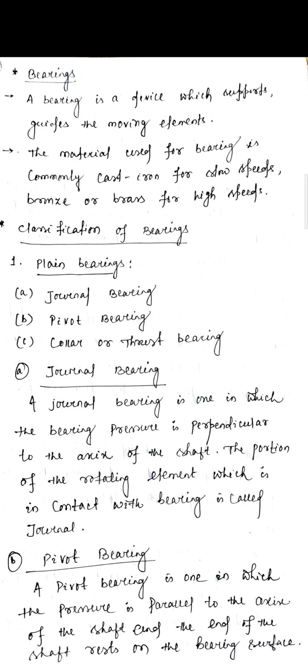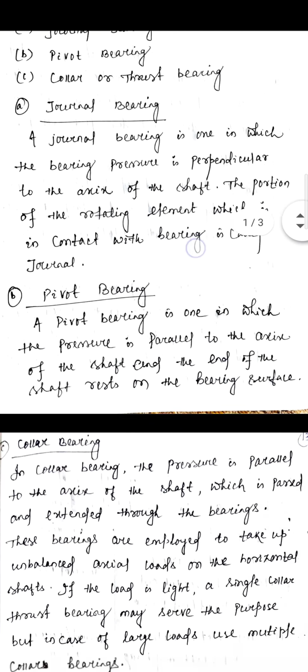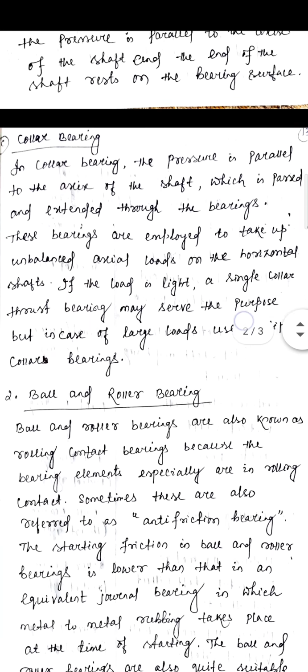In a general bearing, the bearing pressure is perpendicular to the axis of the shaft, but in a pivot bearing, the bearing pressure is parallel to the axis of the shaft and the end of the shaft rests on the bearing surface. Clear?